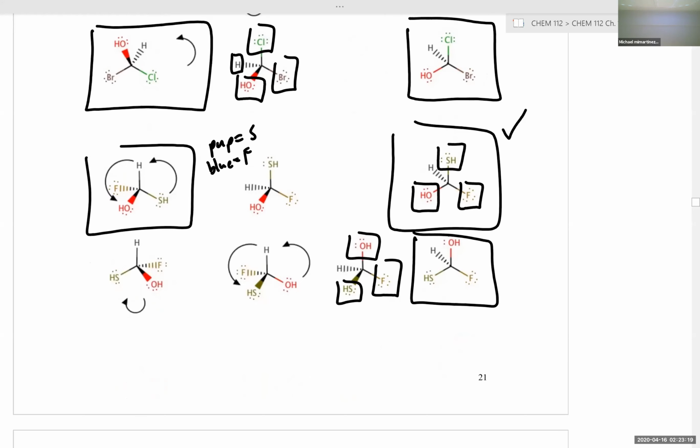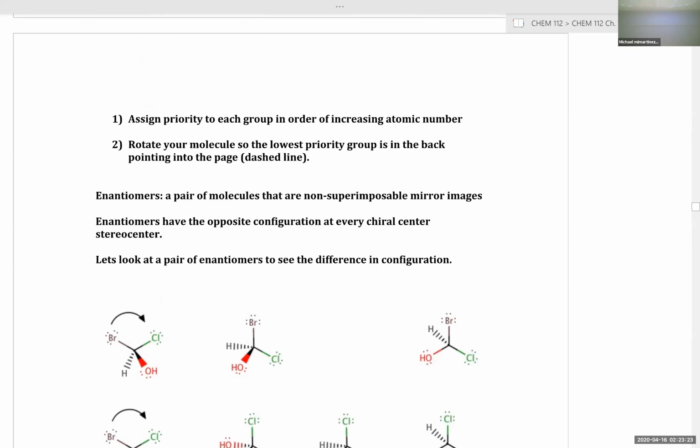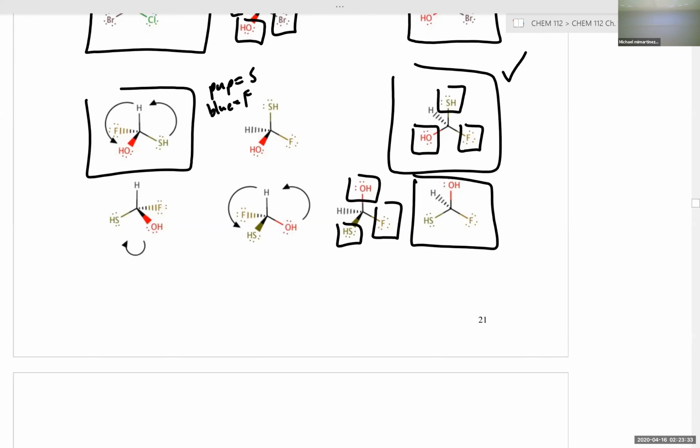So let's do some more practice. And let's talk a little bit about priority groups. This is the final depiction of your structure that you'll need for us to assign configurations. So what we're leading up to, these are all the steps necessary to assign configurations.